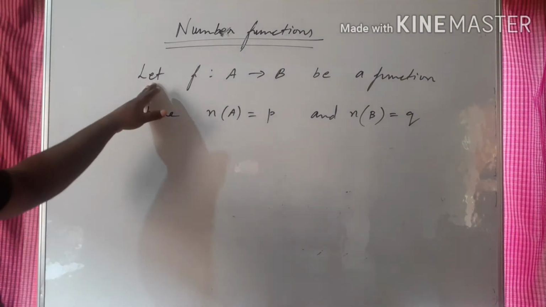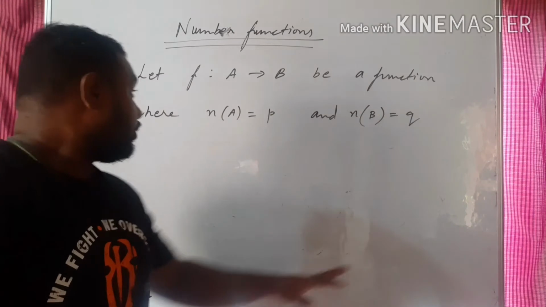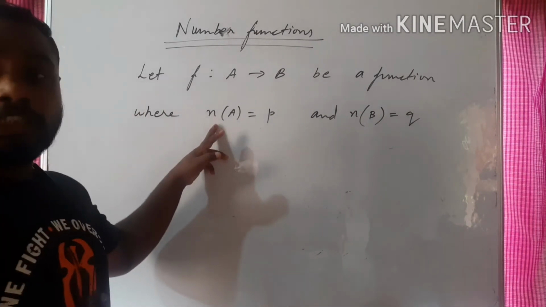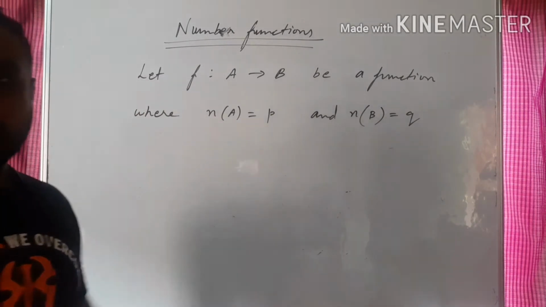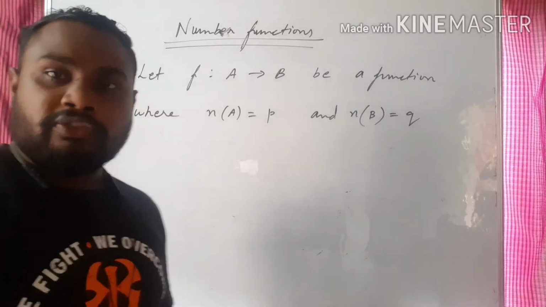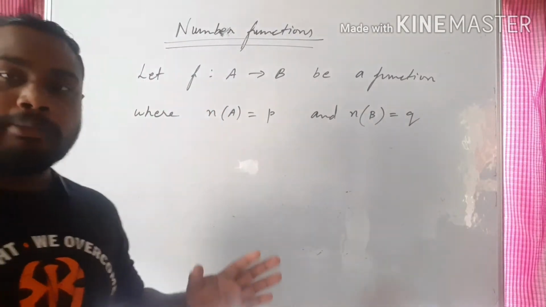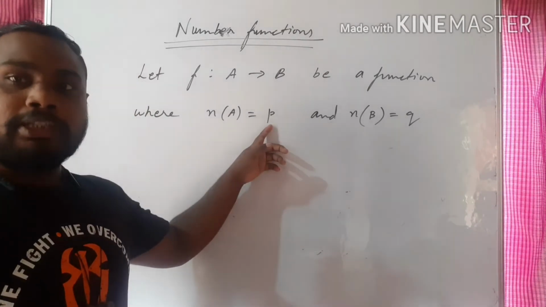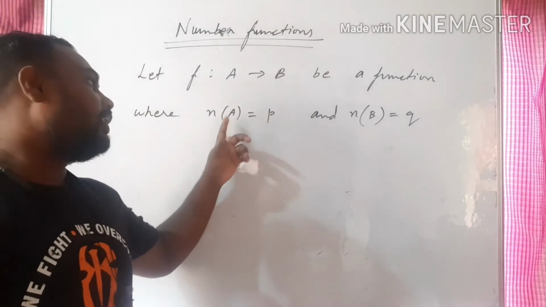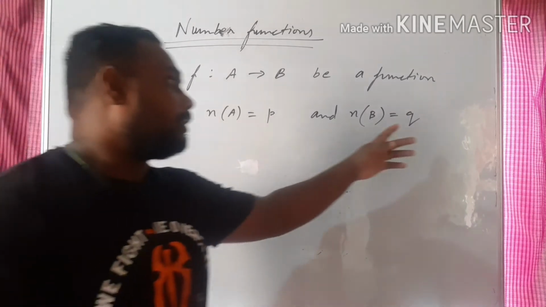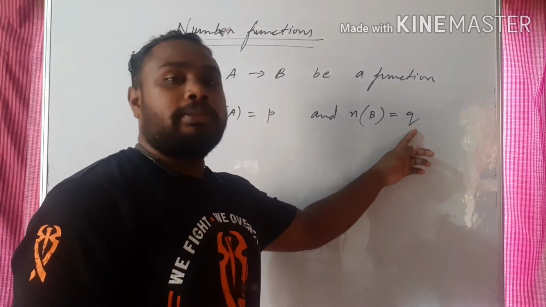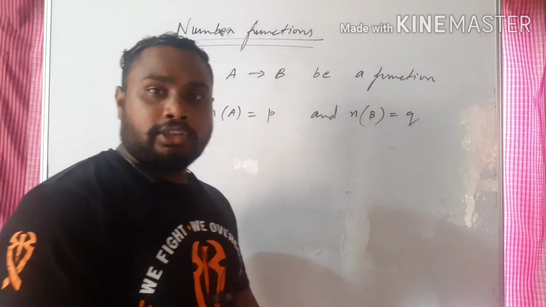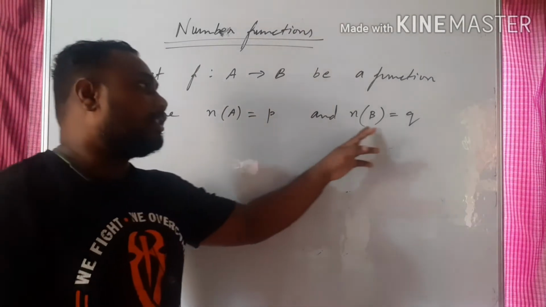Cardinality means the number of elements of a. I am taking p elements in a, and for example q elements in b. So the cardinality of a is p and the cardinality of b is q.